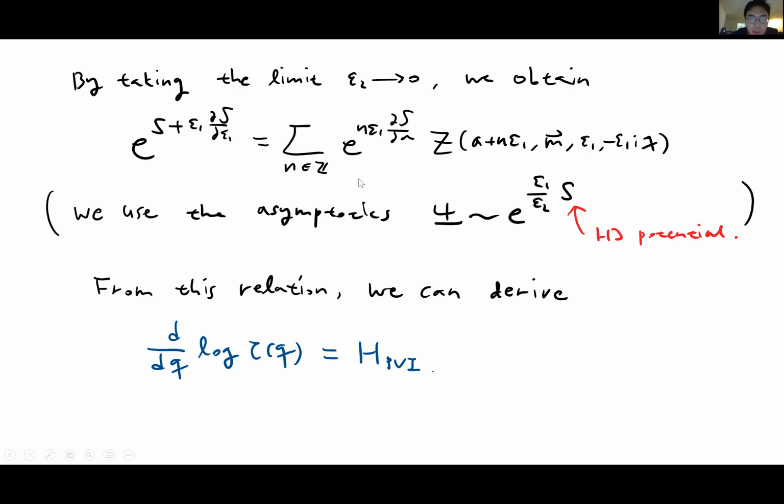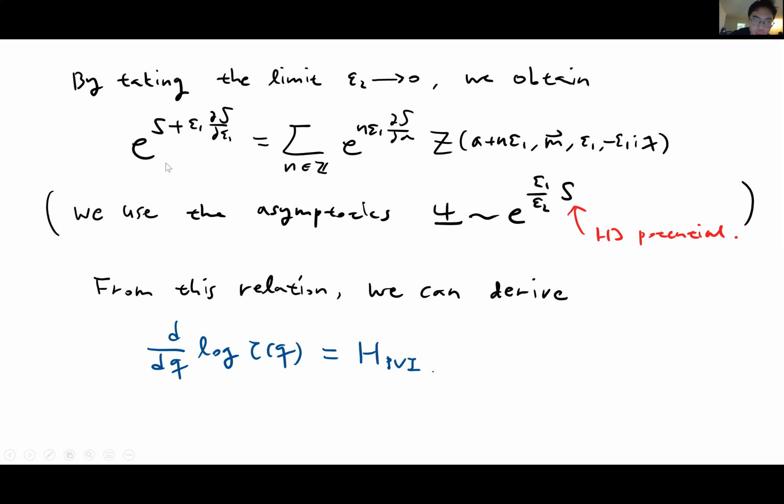And so the right-hand side is basically the GIL expression for the tau function, and that's equated with this expression written in terms of the free energy S. I repeat, psi has the asymptotic behavior of epsilon 1, epsilon 2, and S. And by using the fact that S is identified with the Hamilton-Jacobi potential for the Painlevé VI, we can prove that the log derivative of this tau function is equated with the Painlevé VI Hamiltonian.